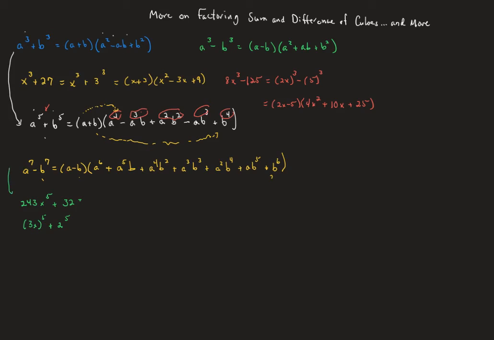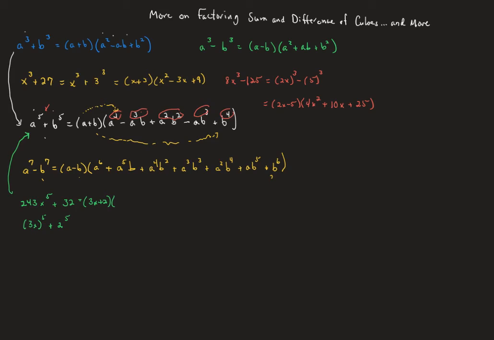So we're going to follow the same pattern that we see for the sum of two cubes. But the role of A is going to be played by 3x, and the role of B is going to be played by 2. So we will start with 3x plus 2. That's our A plus B. Then we're going to go A to the fourth.